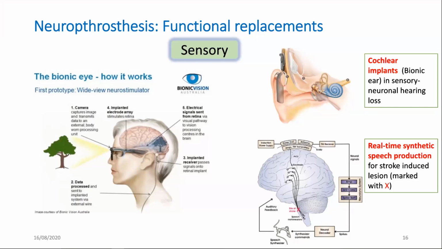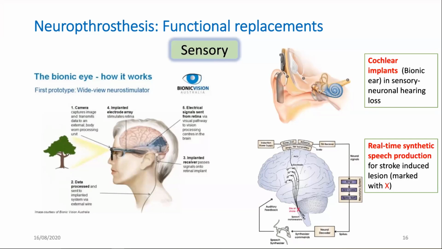Now, if a person has a stroke and this link, the speech to motor neuron transduction, the transmission of information, is gone, how could we restore the speech of that person?